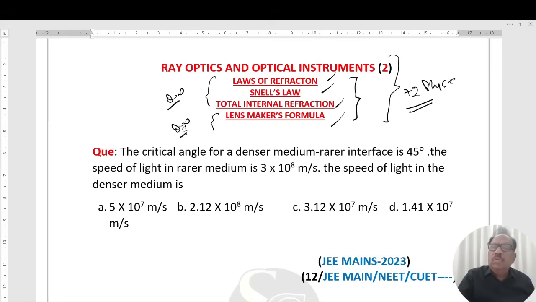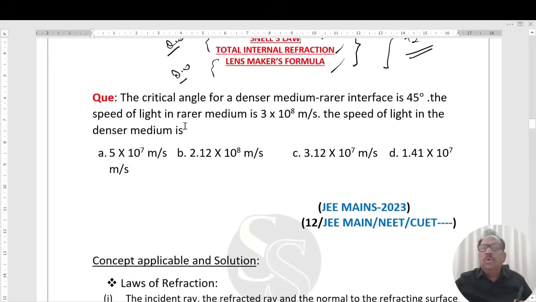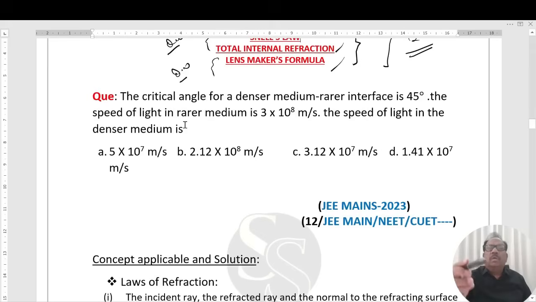But before solving the questions, a number of concepts will be cleared, which will be helpful for conceptual questions for CUET, NEET and JEE Mains purposes. Therefore, go through the session thoroughly. Now, let's start.